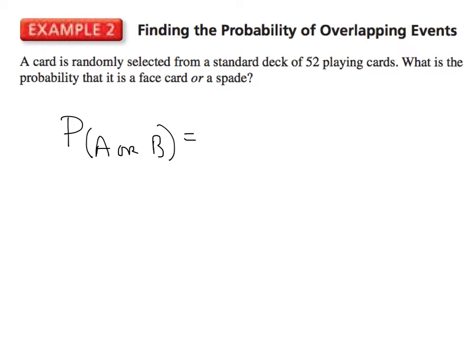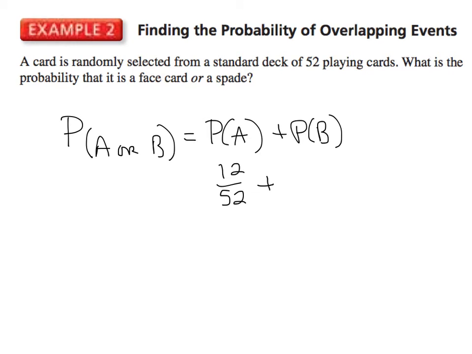Well, there are 12. So the probability of A, a face card, is 12/52. Plus the probability of B, and we want to know a spade. Well, if you don't know how many spades there are, we go from 2 to king and then the ace. So there are 13.